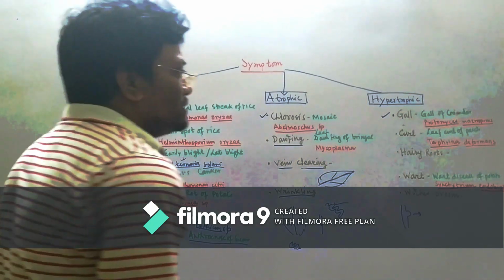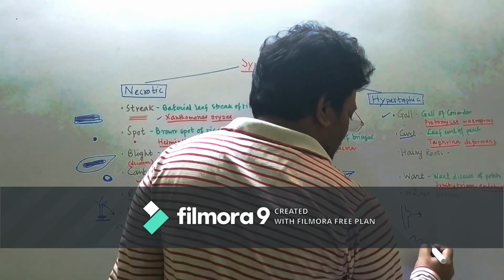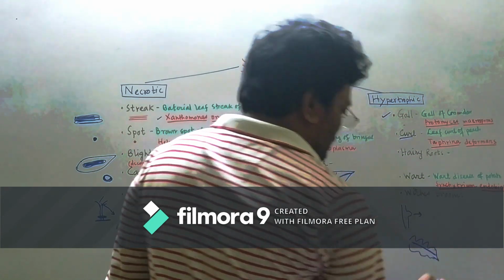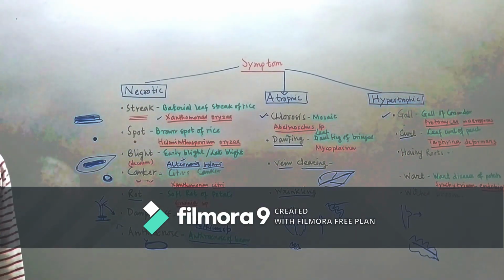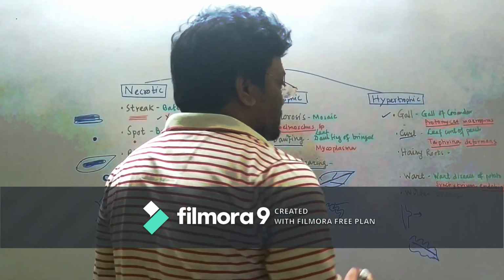Second is curl. Leaf curl of peach is due to overgrowth, excess growth of the leaf tissue, caused by Taphrina deformans.